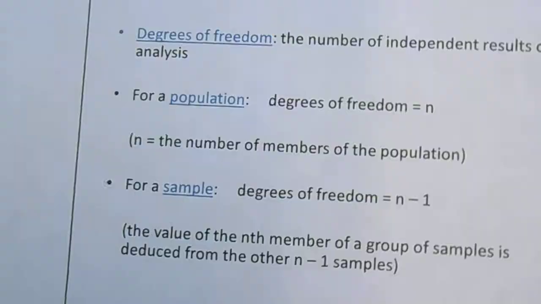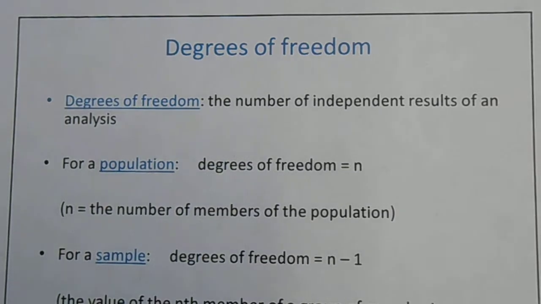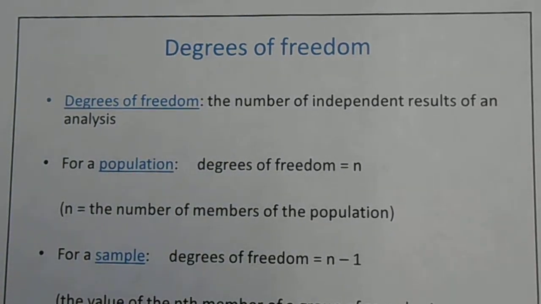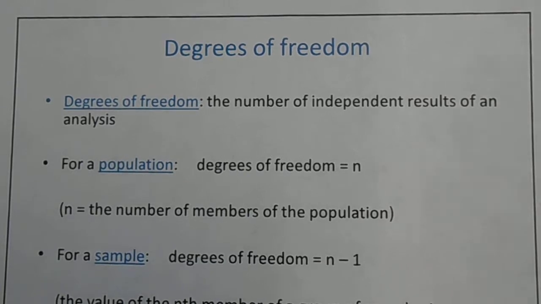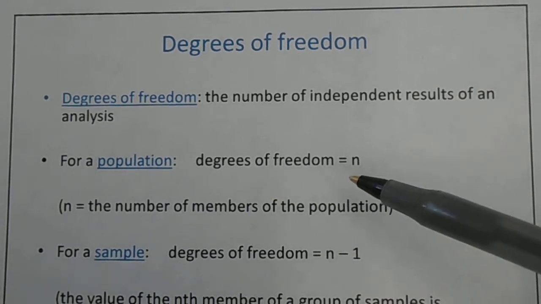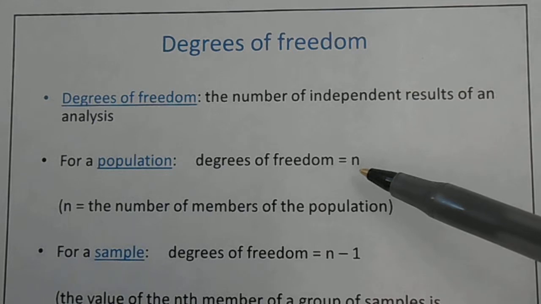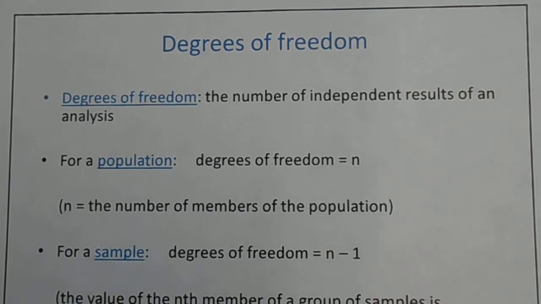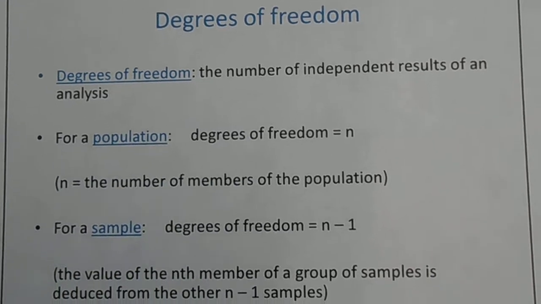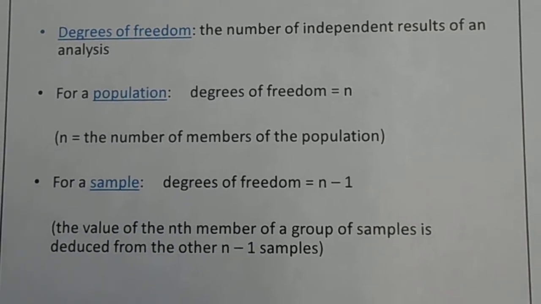Alright, and then finally, one other aspect to discuss is the concept of degrees of freedom. And this is almost a philosophical point. For a whole population, if we have every single member, the total number being n, that would be our degrees of freedom. But of course, we never measure every member of the whole population.